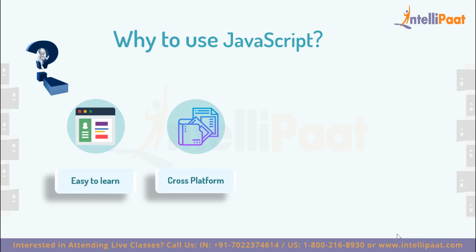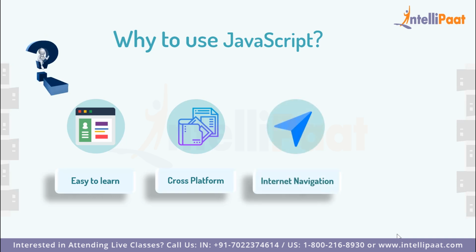Cross-platform software can run on most or all systems with little or no modifications, so you can call it a multi-platform language. We just need to write it once and then we can run it on any platform. But just one thing to note, JavaScript code or scripts need a JavaScript engine to execute. Now moving on to the next reason, again internet navigation and then tooling.